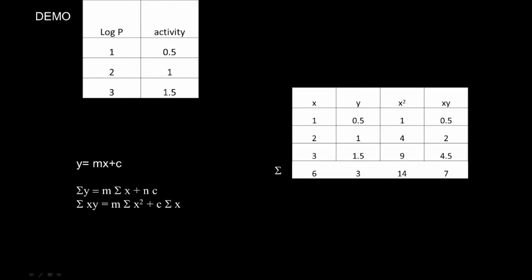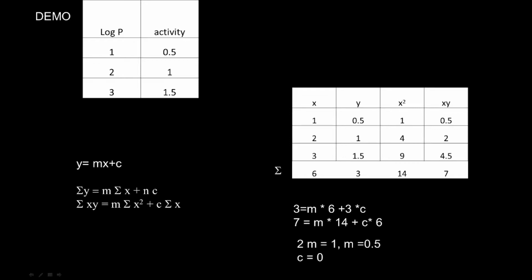So this will become 3 is equal to m into 6 plus 3 into c, and 7 is equal to m into 14 plus c into 6. So we will have two equations for m and c. We can solve this. Okay, so what do you get?